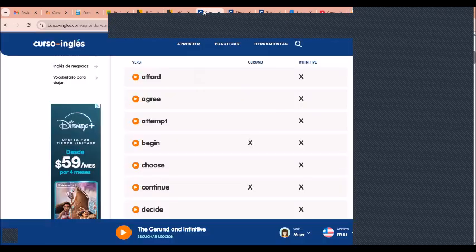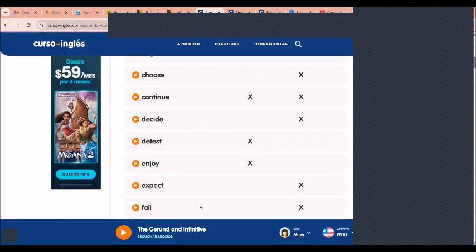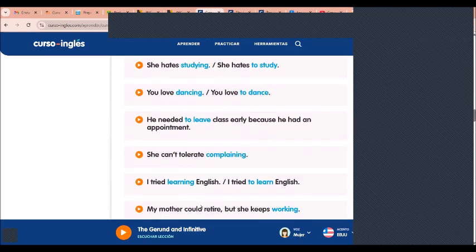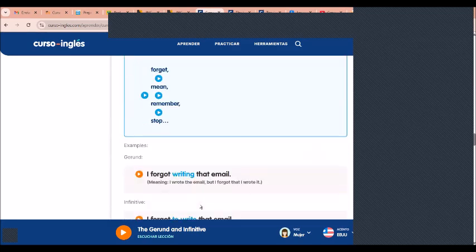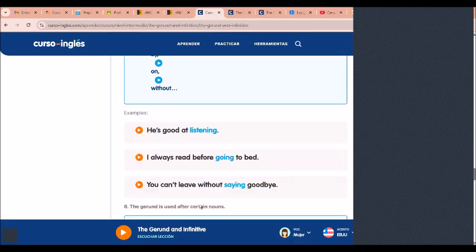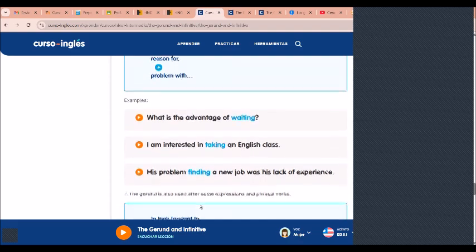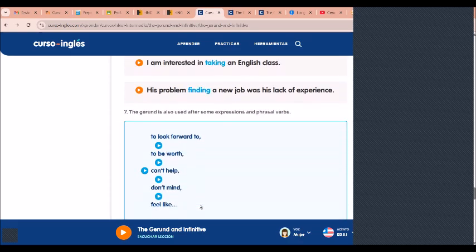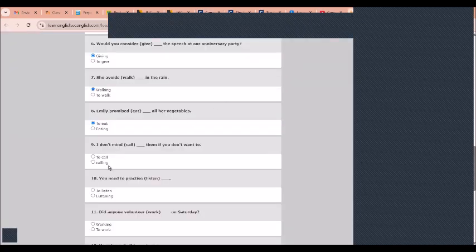Now, we have a section where we spoke about phrases in English. What do we do with certain phrases in English? After certain verbs that are in these phrasal forms, we will use the gerund. I don't mind calling. Repeat. I don't mind calling them if you don't want to. Good. All right.